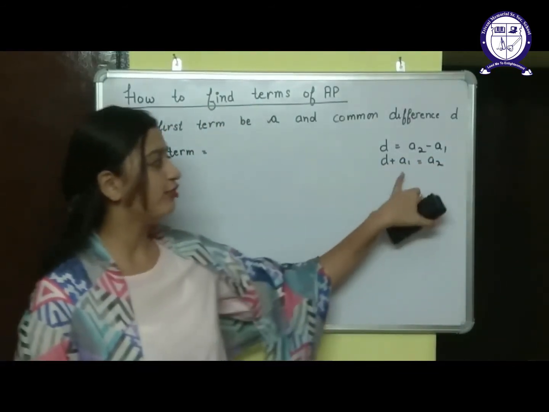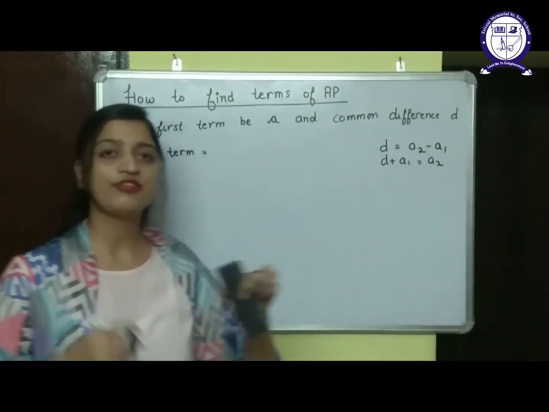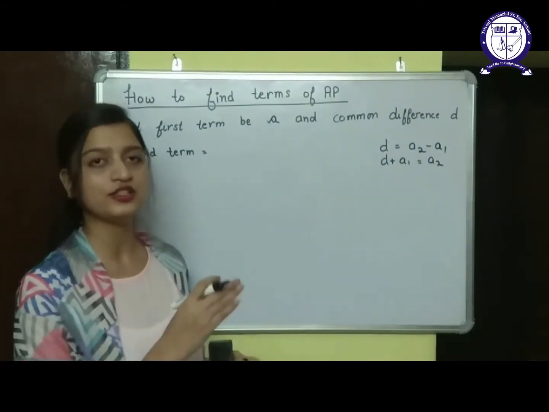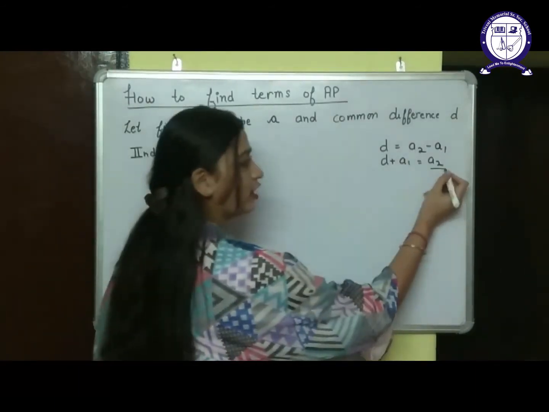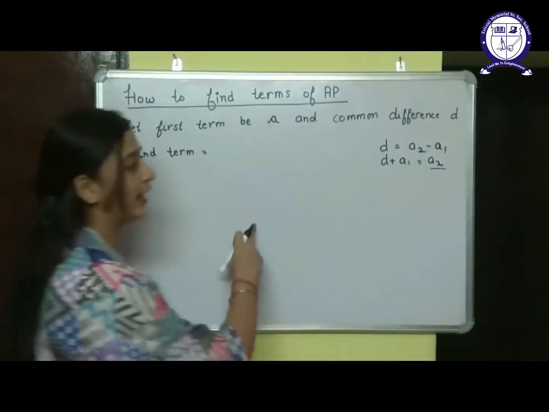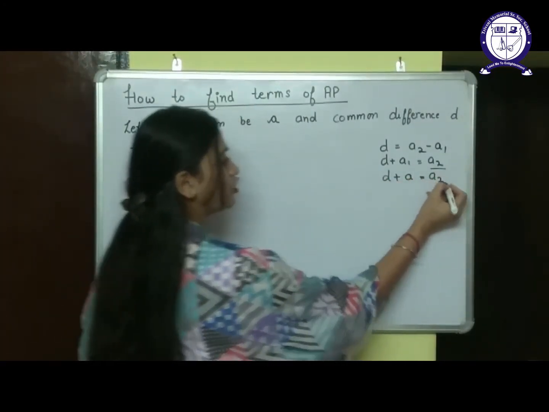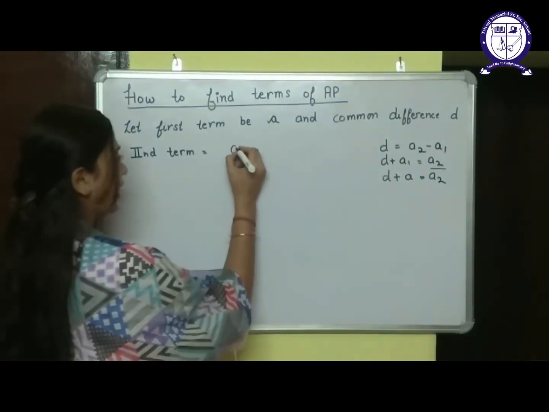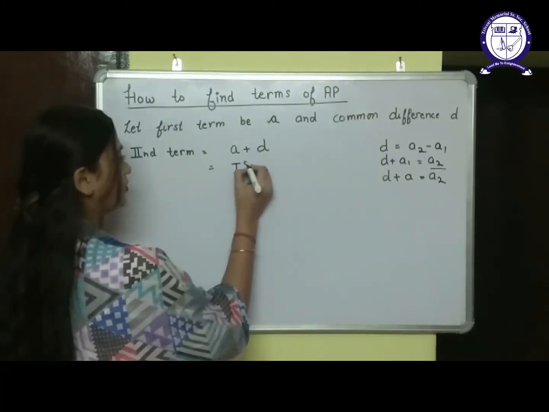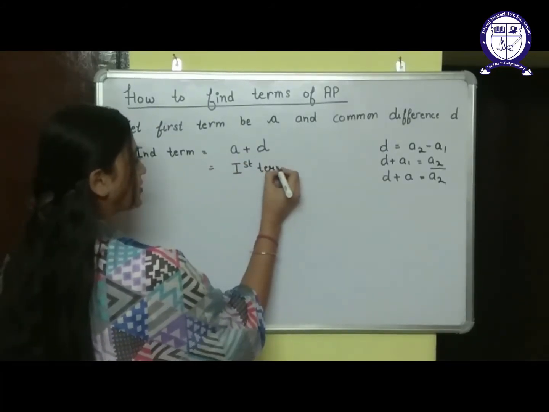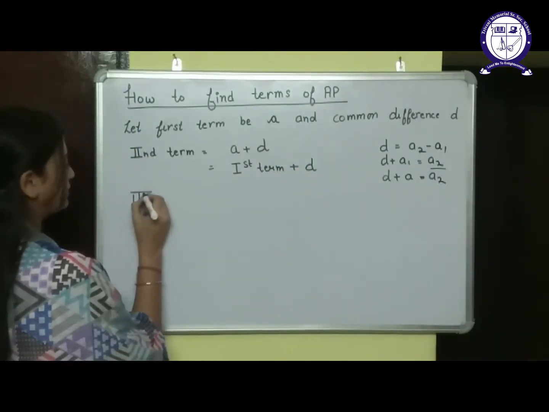That is the sum of first term with the difference, I will get my second term. That is, if I keep on adding my difference to the term, I will get the next term. So this A2 is my second term and in this particular case, this A1 is my A. So my second term will be A plus D. Okay, that is first term plus D.